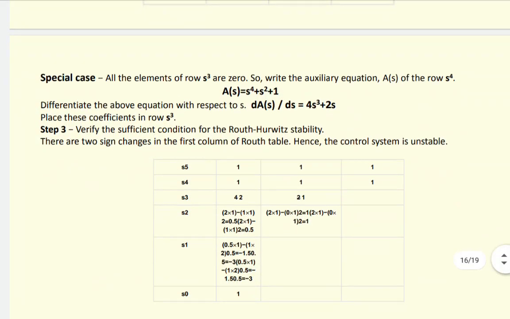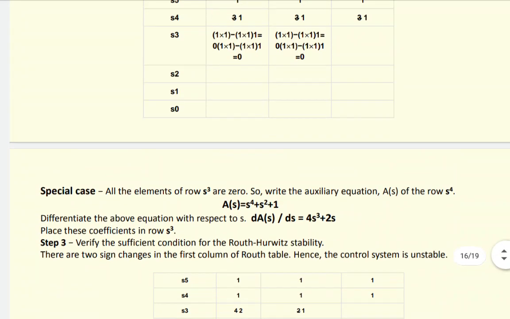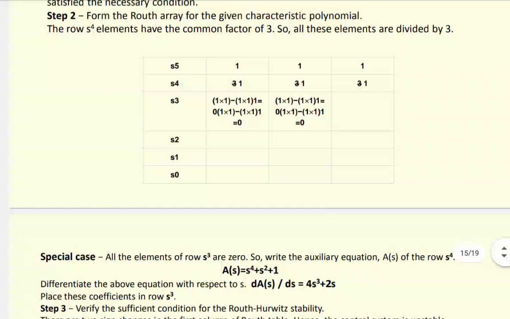All the elements of the s^3 row are 0, so write the auxiliary equation A(s) from the s^4 row, because the condition is that if any row of a Routh array is entirely 0, then you have to construct an auxiliary equation from the row just above the entirely zero row. The s^3 row contains all 0 elements, so we focus on the s^4 row.